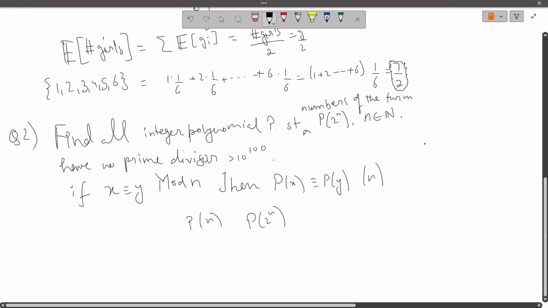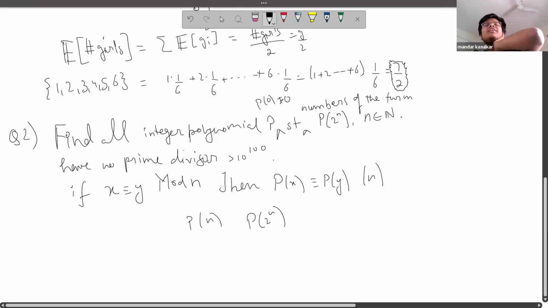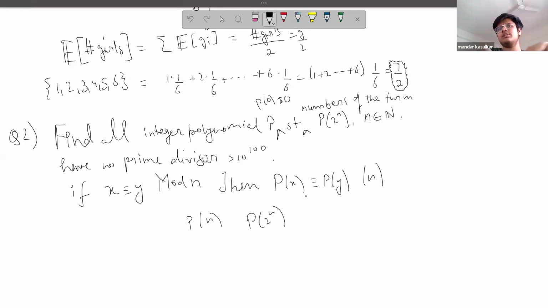P of x equal to x also will, right? Okay, wait, so another condition, p of 0 is not 0. Yeah. Then like Aritra said, constant polynomials do work. It's very good.